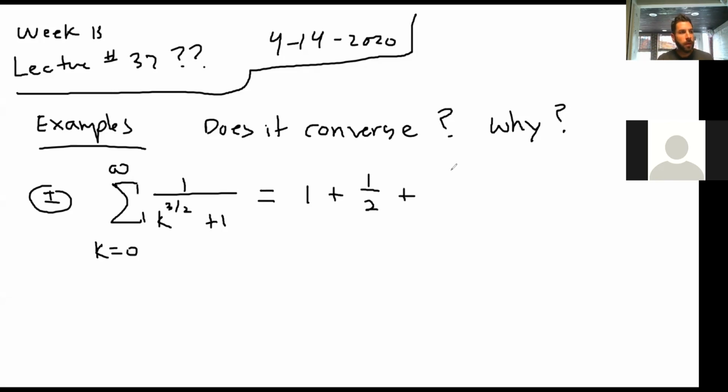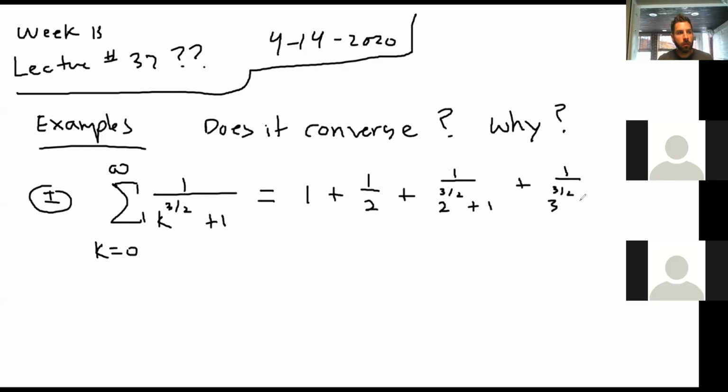So I can't really do anything, but I could write this as 2 to the 3 halves plus 1. And then the next term would be 3 raised to the 3 halves plus 1. And so that pattern continues.